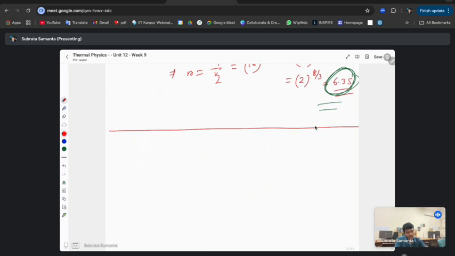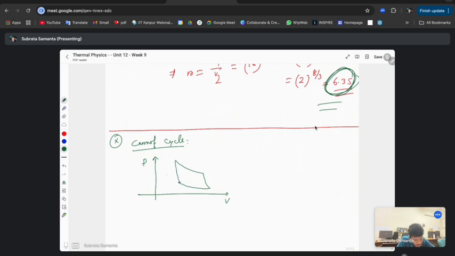So let's first consider example 1, the Carnot cycle. This Carnot cycle in the PV plane has two adiabatics and two isotherms.